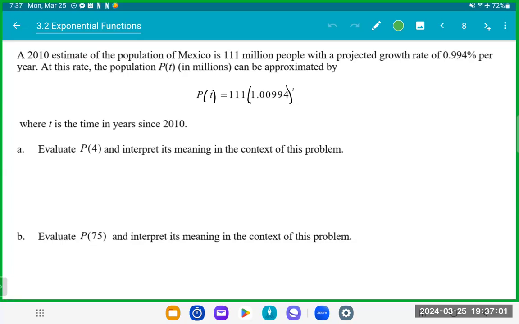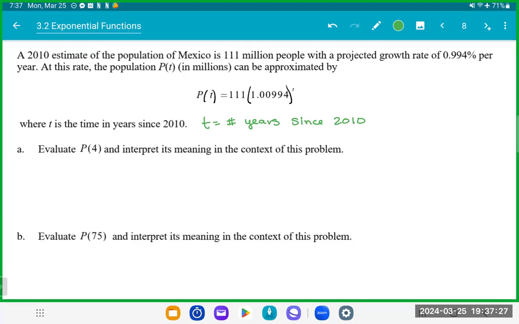So at this rate, the population can be approximated by the formula you were given here. And we also know that T is 2010, right? So this is T equals the number of years since 2010, okay?